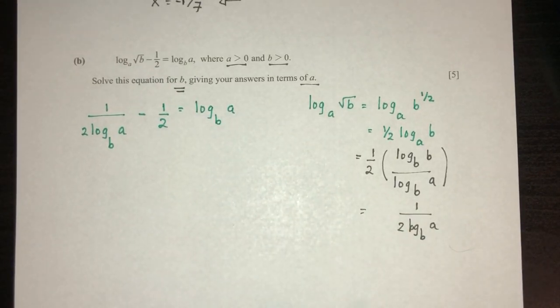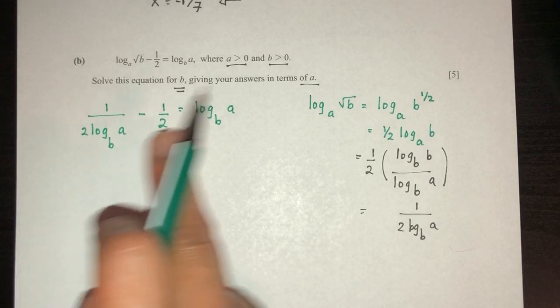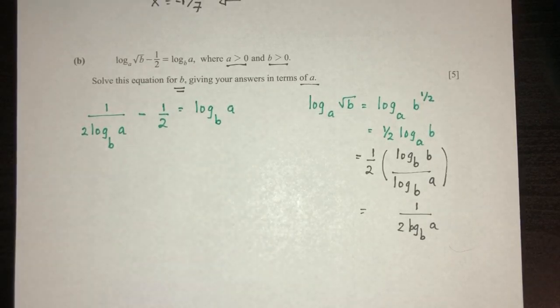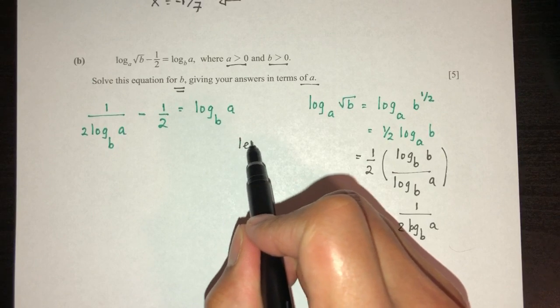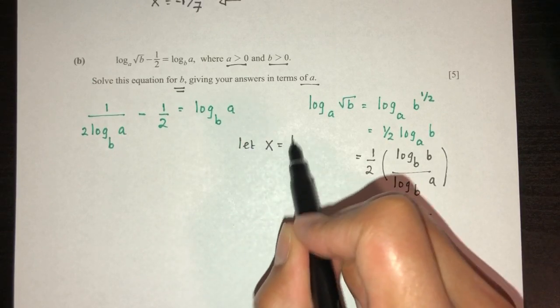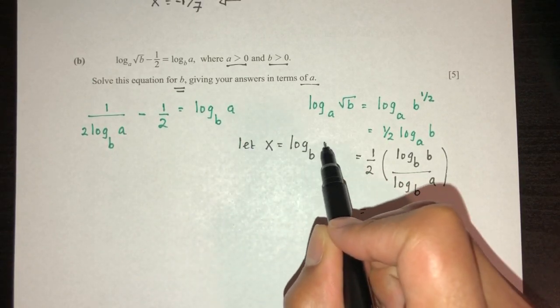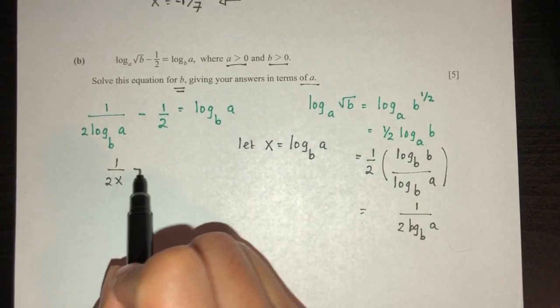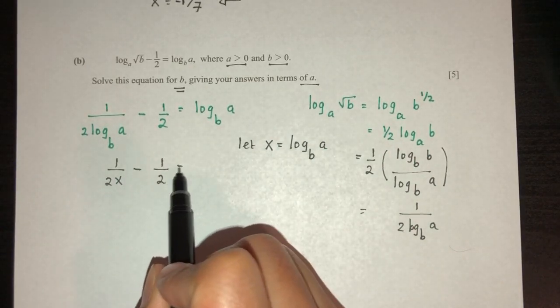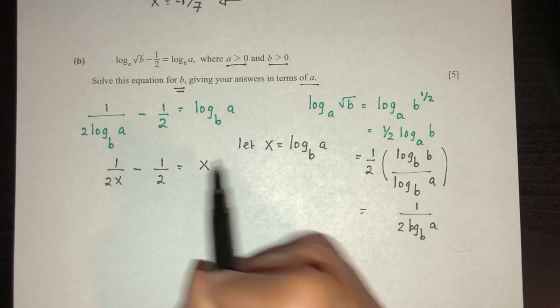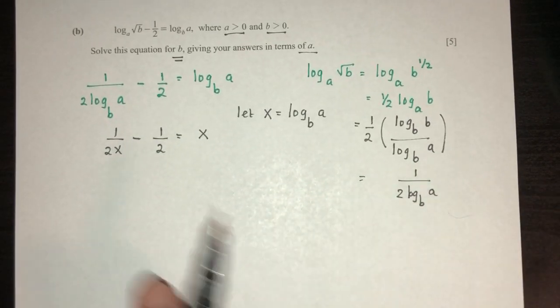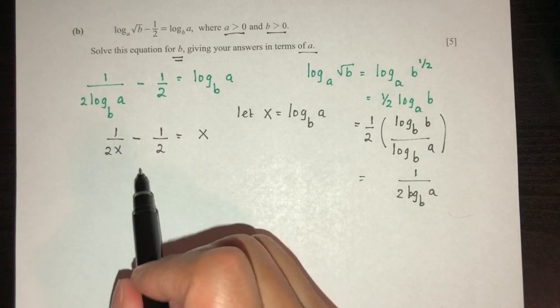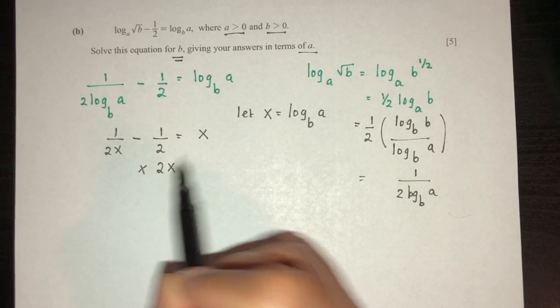Now we have to replace this one, right? For example, we can do something here. Let x equal to log to the base of BA. You will have 1 over 2x minus half is equal to x. Now we can eliminate this denominator by multiplying by 2x everywhere.